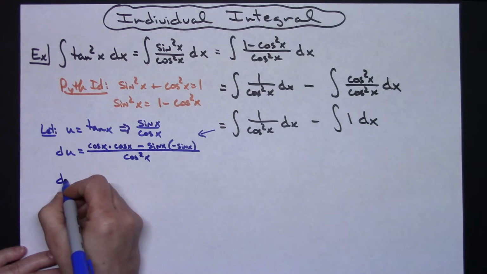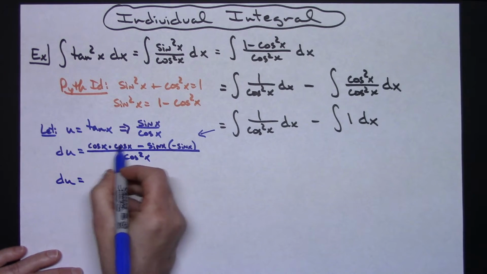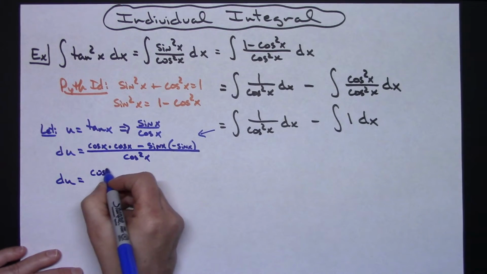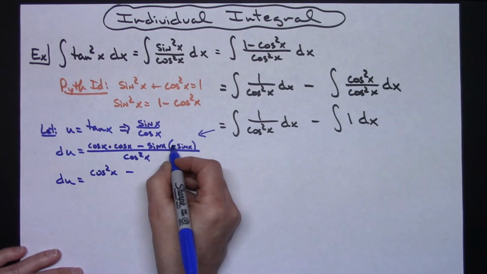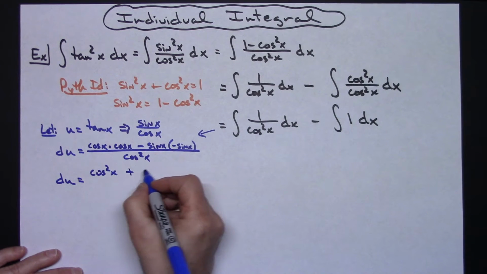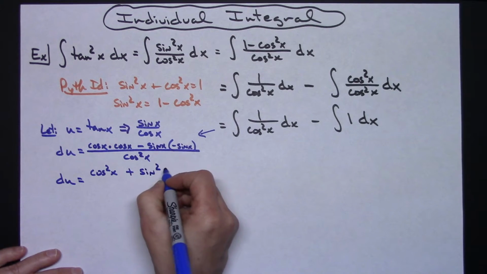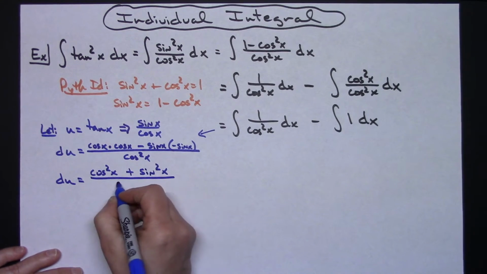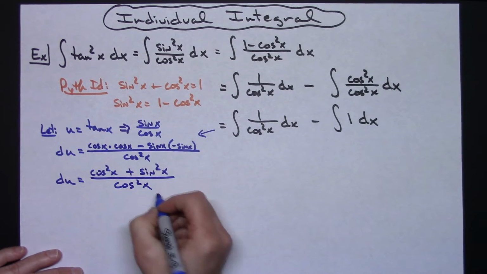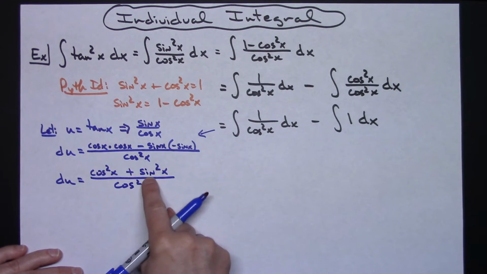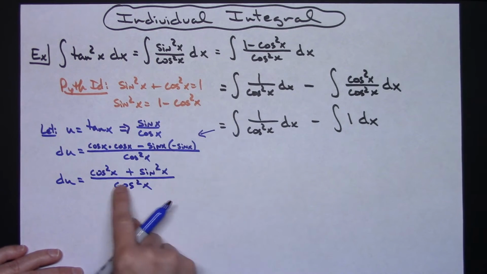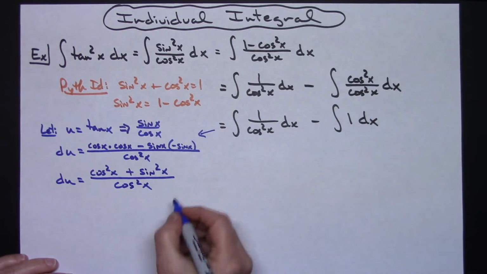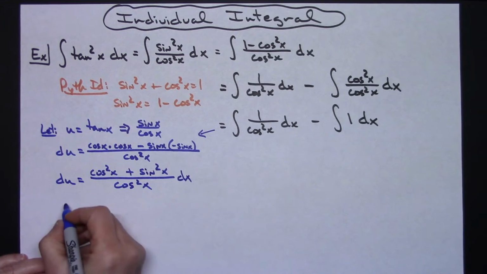Simplifying a little bit, du is going to give me cosine squared x plus, because that's minus a negative, sine squared x, all over cosine squared x. Now this we've already dealt with up here. Sine squared plus cosine squared equals 1, so I can replace that with a 1. Let's go ahead and put that dx on there.